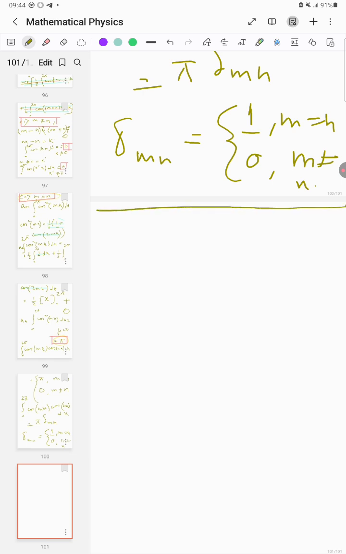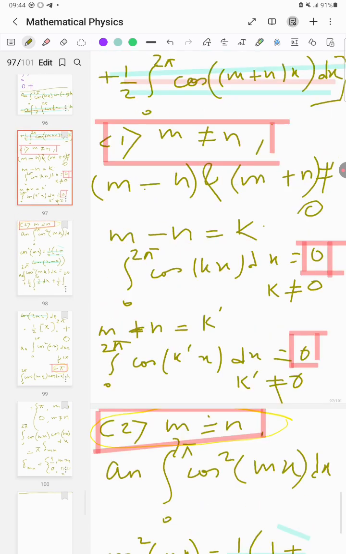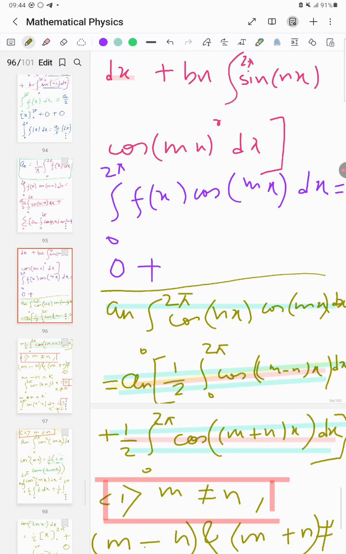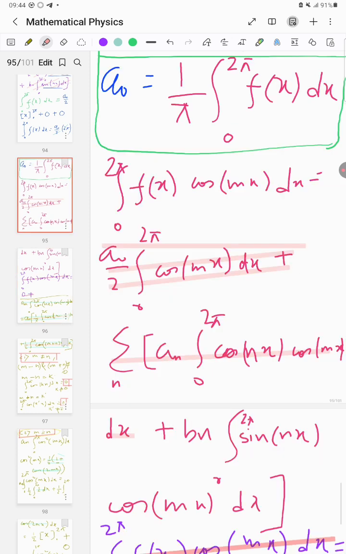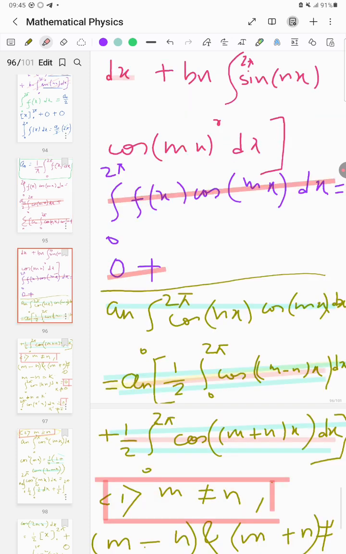All right, so we'll draw a line here and we'll move into the purple part of it. We were dealing with this very equation, and we had found that the first term gave us 0. We found that this term gave us pi delta mn, right?